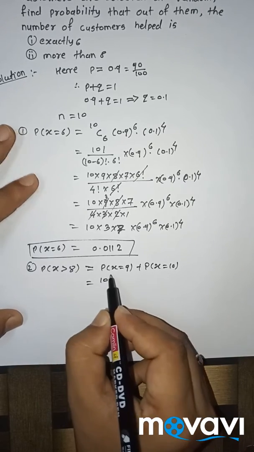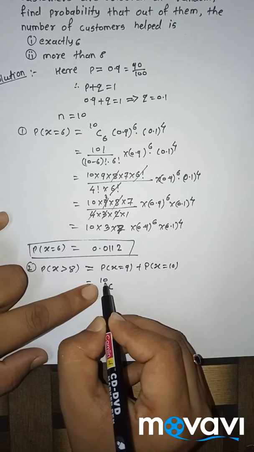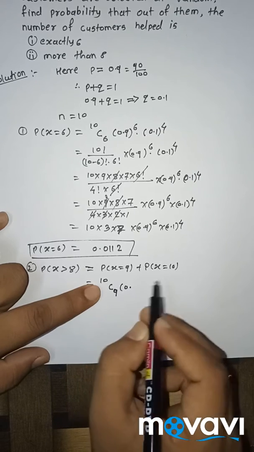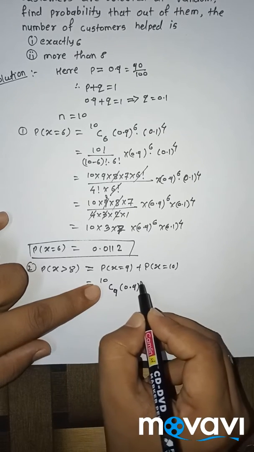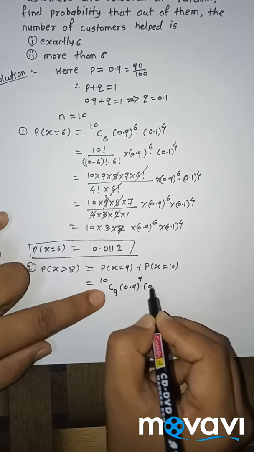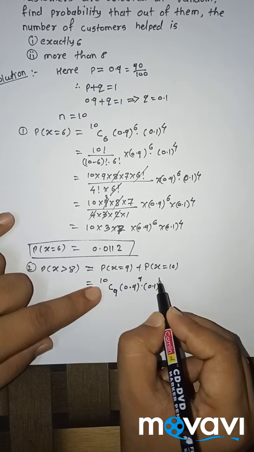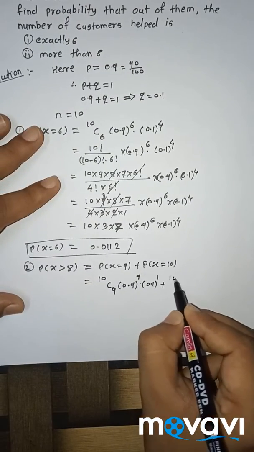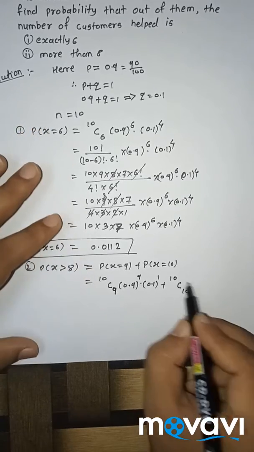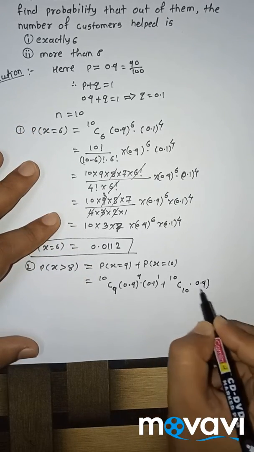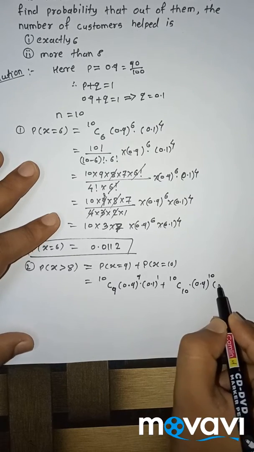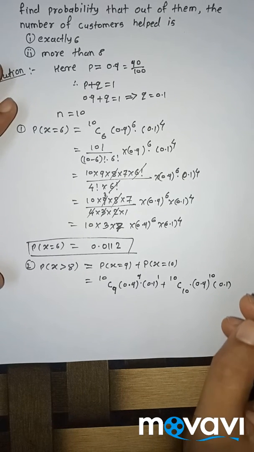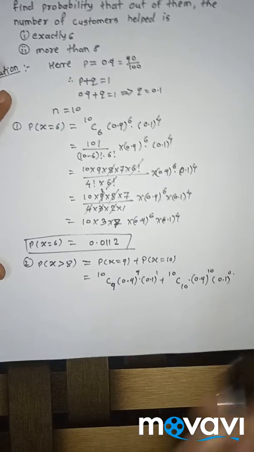This is equal to 10cx, where the value of n is 10, into p means 0.9 raised to x into q 0.1 raised to n minus x. 10 minus 9 is 1, plus for this 10c10 into p 0.9 raised to 10, then q is 0.1 raised to n minus x. N is 10, x is 10, so 10 minus 10 is 0.